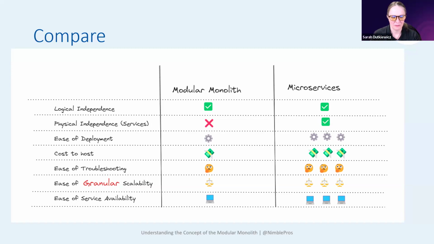And then when it comes to troubleshooting, when I was doing the research, I can argue for both. A modular monolith can be easier to troubleshoot in that you're in one solution and it's all right there. But with microservices, when they're done right and they're not talking to each other, you should only have to troubleshoot a single microservice.